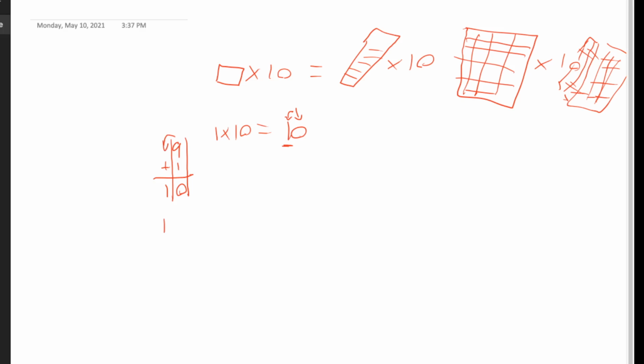The same is true when you're at 90. If you have 90 and you add 1 more into the tens column, what happens? Well, you get 100, and it goes over into the next block. So it takes 10 ones to make 1 ten, and it takes 10 tens to make 1 hundred.